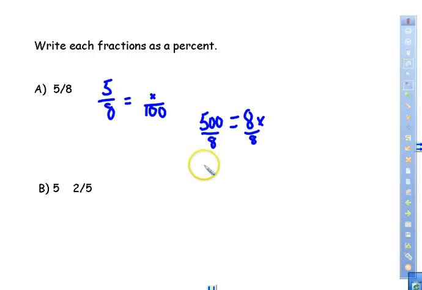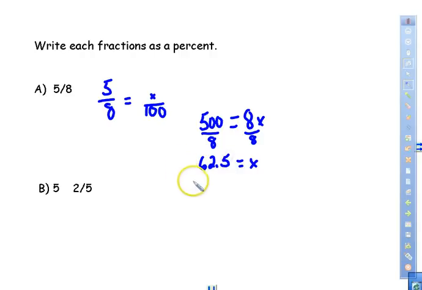And then since we have 500 divided by 8, I believe, taking my calculator here, x equals 62.5.